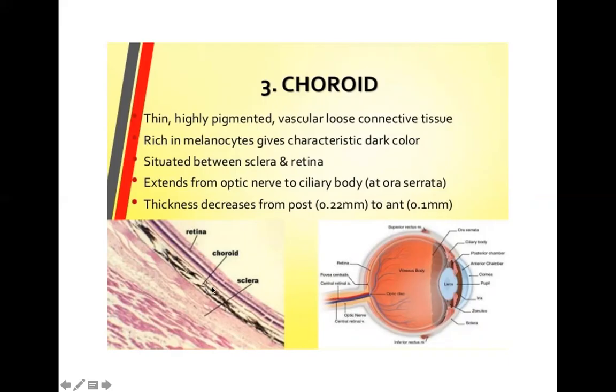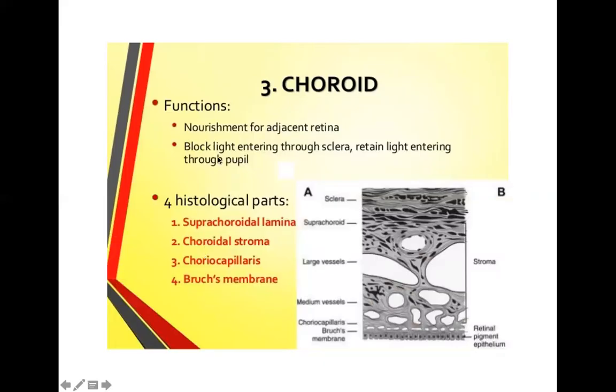And it is the middle layer. So, posteriorly, it is found between your sclera and your retina. So again, this functions for nourishment and blocks the light that enters through the sclera in order to prevent the scattering of the light rays.